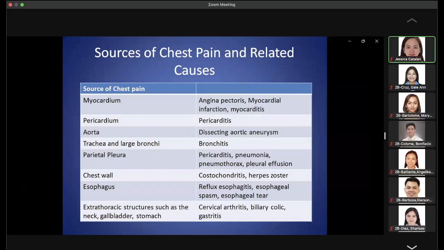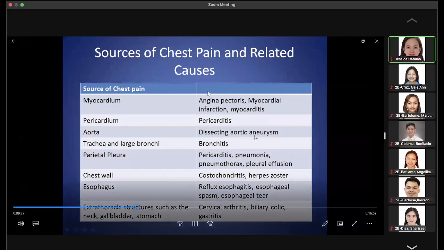For the aorta, a patient who has a dissecting aortic aneurysm may complain of chest pain. And for the respiratory system, it may be because of a tracheobronchitis, an inflammation coming from the trachea and the large bronchi.